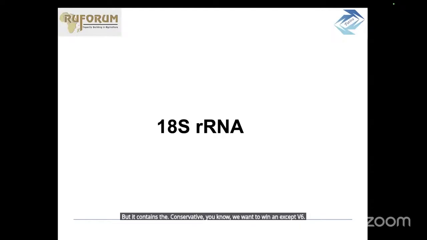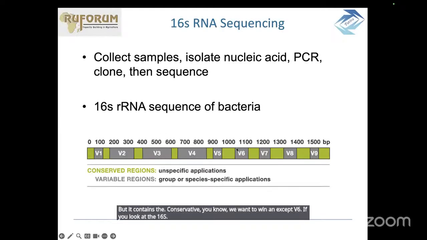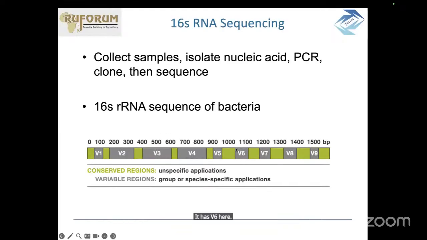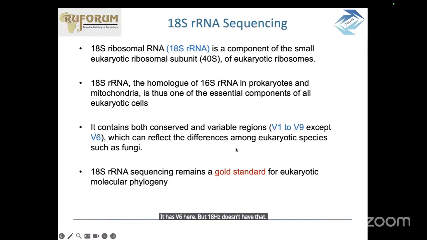If you look at 16S, it has V6 here, but 18S doesn't have that. So when you're doing metagenomics, mainly in eukaryotes and fungi, you use 18S.